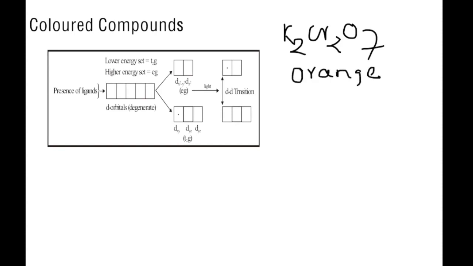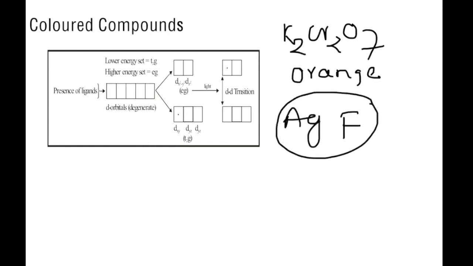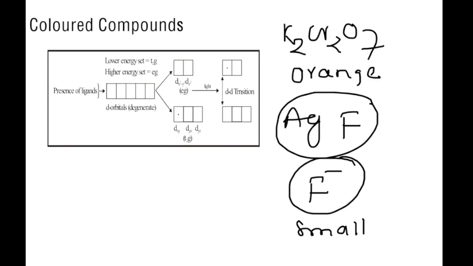But AgF is colorless. This is mainly due to the small size of F minus. The polarization of electrons of the anion is not possible.